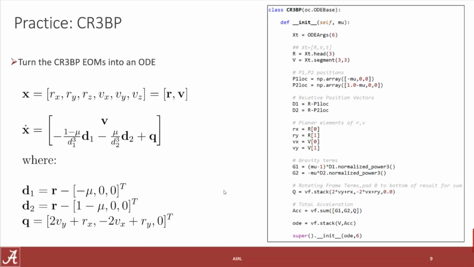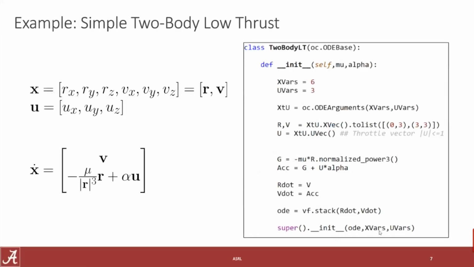Question. Yeah. The last super statement. Why is it a constant 6, whereas before it was something else, X vars and U vars? Yes, that's a great question. Here we put in a constant 6. Here we were using X vars. It is totally just a different way to slice the same pie, where here, for a more verbose way to teach it, we broke it apart into X bars, a variable of just size, an integer size 6, and then we return size 6.